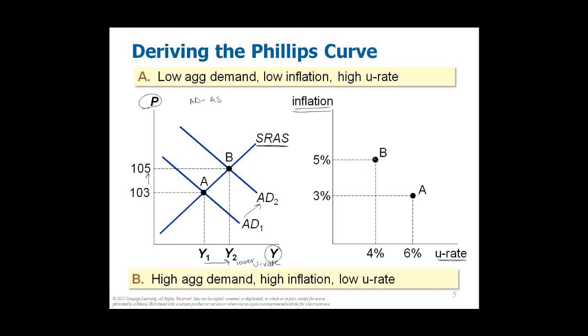Point B here, right, it has a higher level of inflation and lower unemployment rate. And we can see here, if we connect these dots and try to create a line out of this, we start creating our Phillips curve. So again, the Phillips curve relates inflation to the unemployment rate.